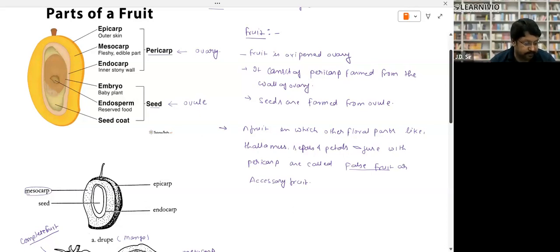Clear? Accessory fruit and false fruit is important. They can ask.